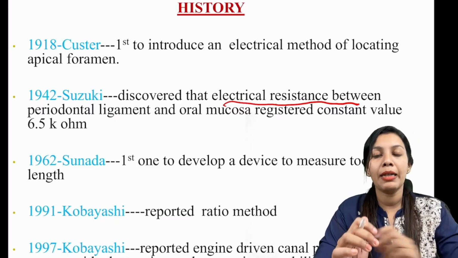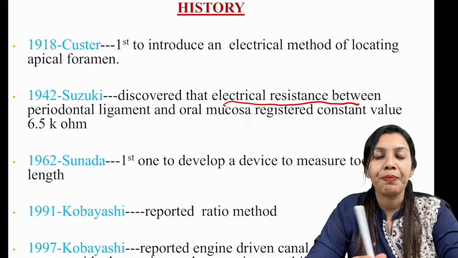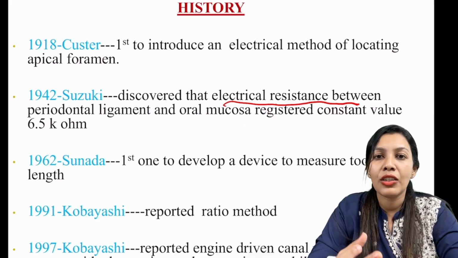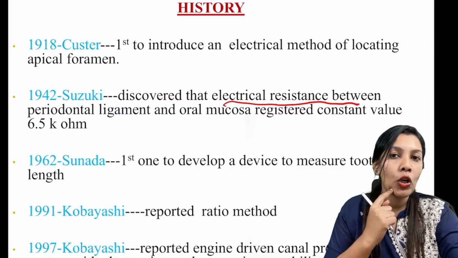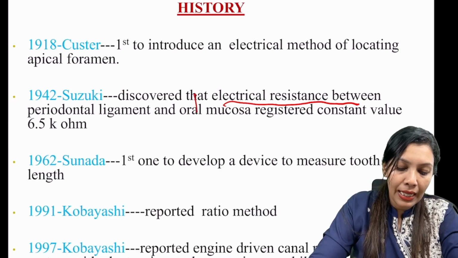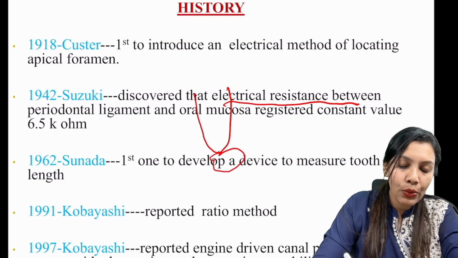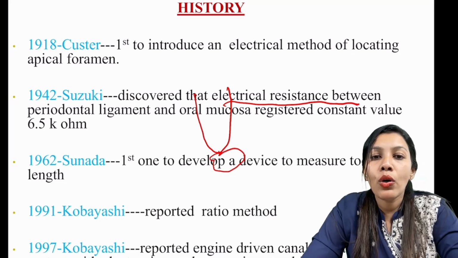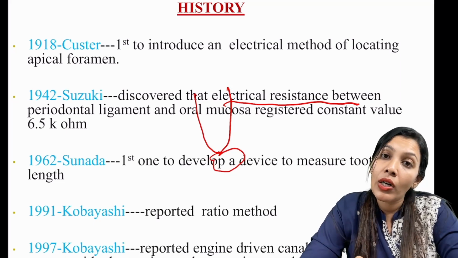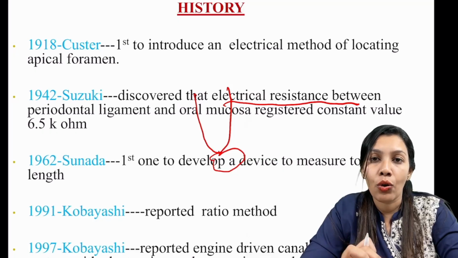and oral mucosa. It means how the apex locator shows the reading. So normally we have the periodontium. You can see this image. The periodontium is here, and we are connecting the lip on one side, right? So the mucosa has a resistance. Periodontal ligament is also a tissue or a mucosa.